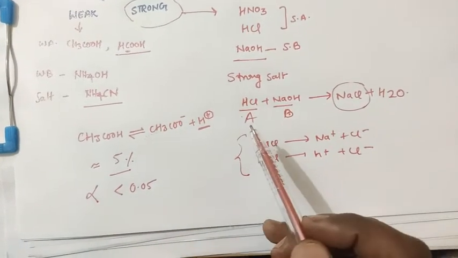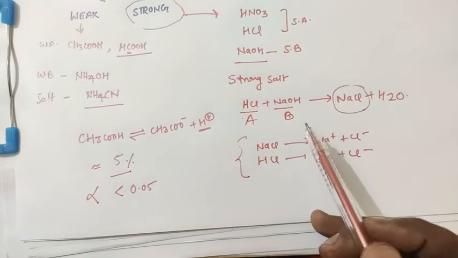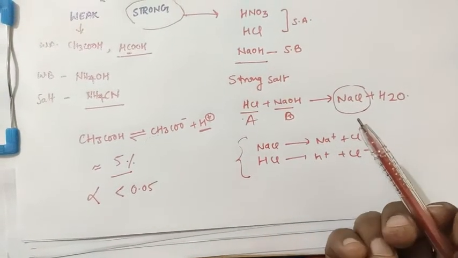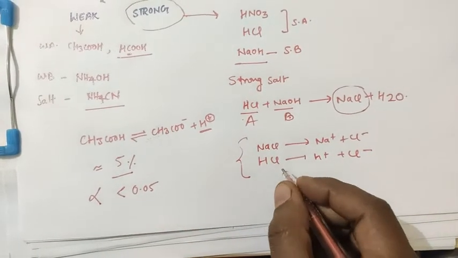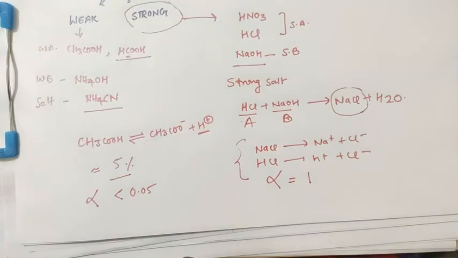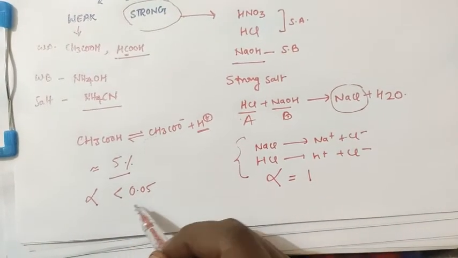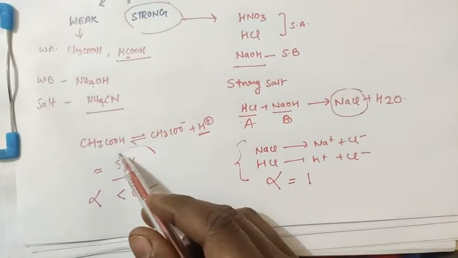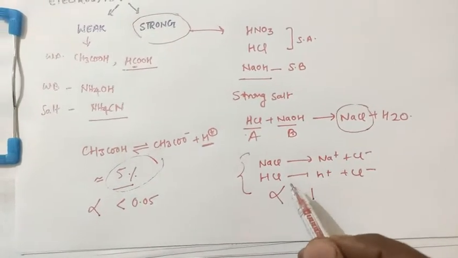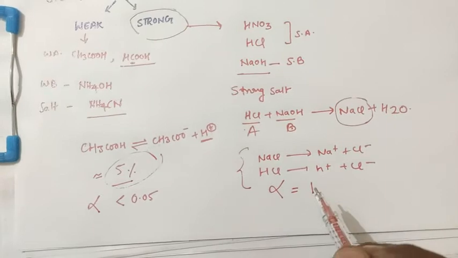It indicates that the strong electrolyte will be completely dissociated. The degree of dissociation will be 100%, that is 1. But in case of a weak electrolyte, approximately 5% is dissociated.